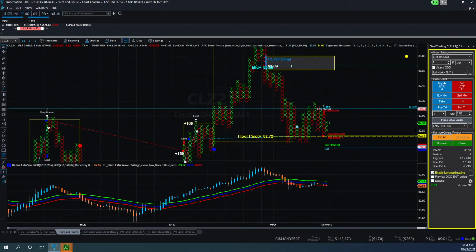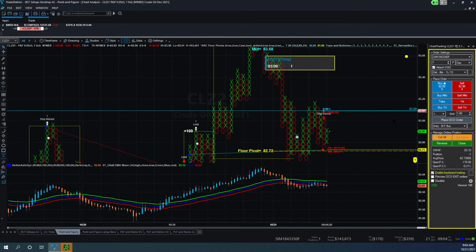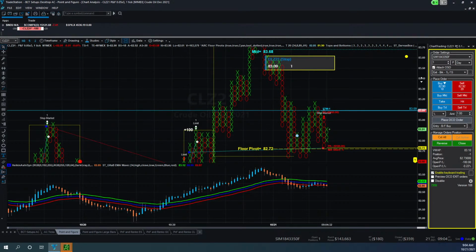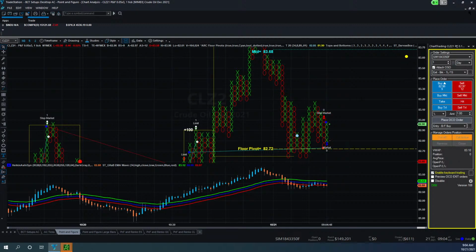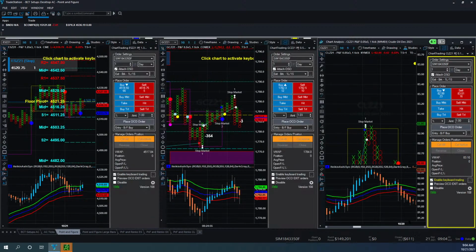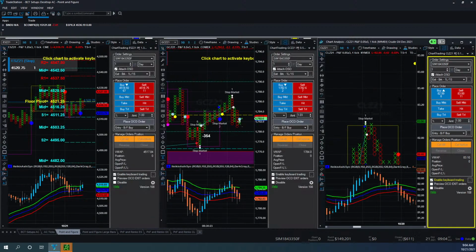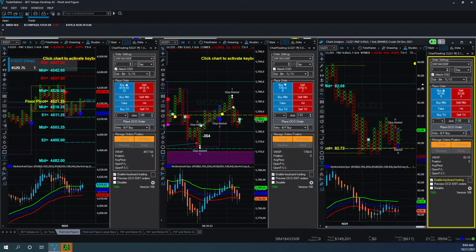Reversing. Yeah, crude is reversing, so I'm gonna get out. Order filled. Not a good day. 611. Little bit choppy. I'm gonna stay out a little bit.